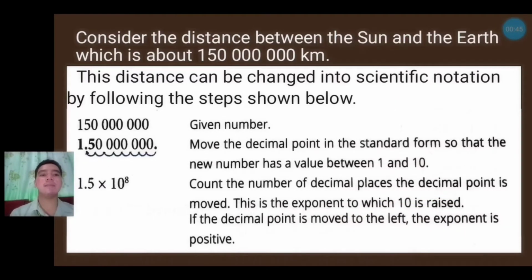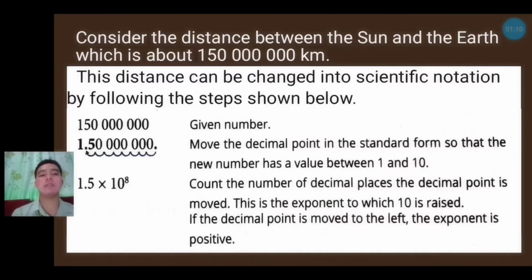This distance can be changed into scientific notation by following the steps shown below. The given number is 150 million kilometers, or 150 million. All you have to do is to move the decimal point in the standard form so that the new number has a value between 1 and 10.